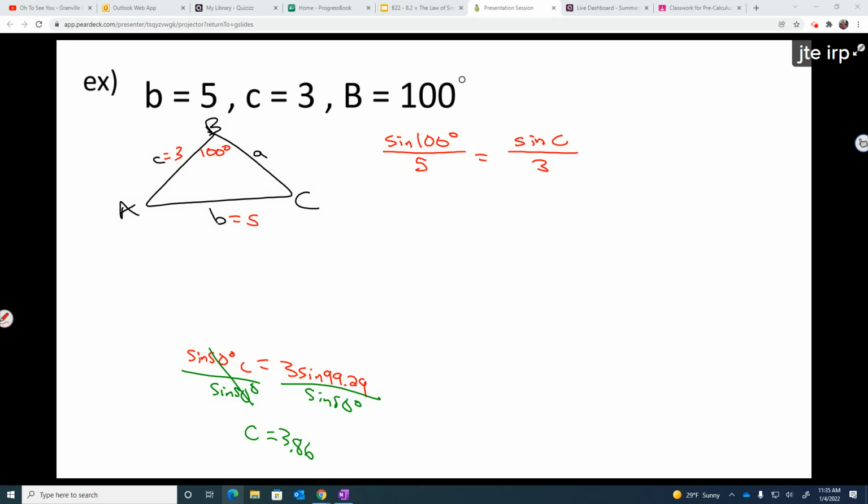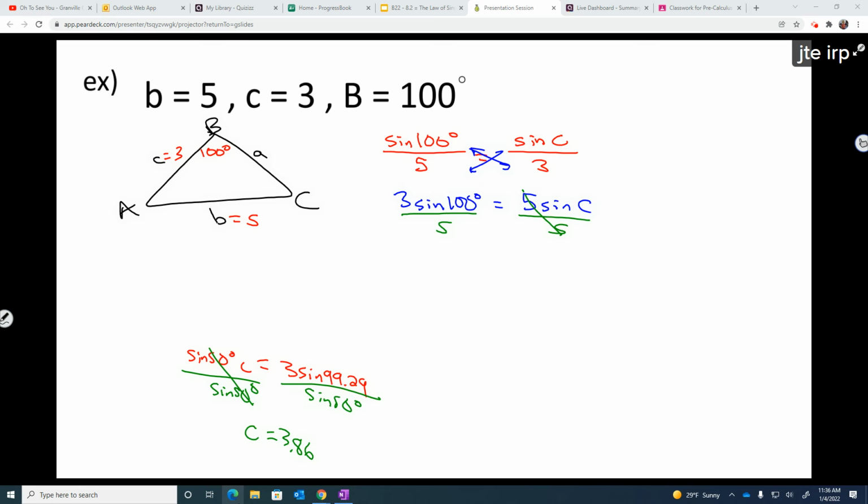But then we'll go ahead and cross multiply. 3 times sine 100, 3 sine 100. 5 times sine C is just 5 sine C. And then from here, first thing we want to do is get rid of that 5. So we can divide by that first.